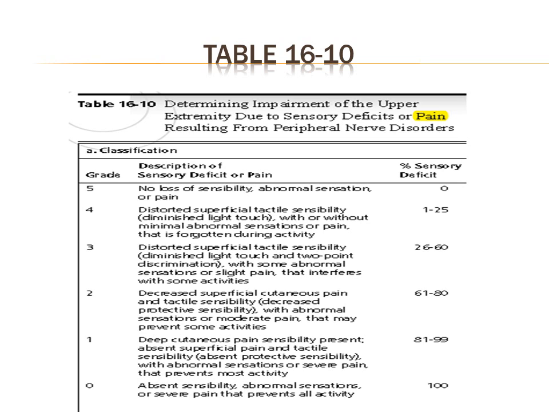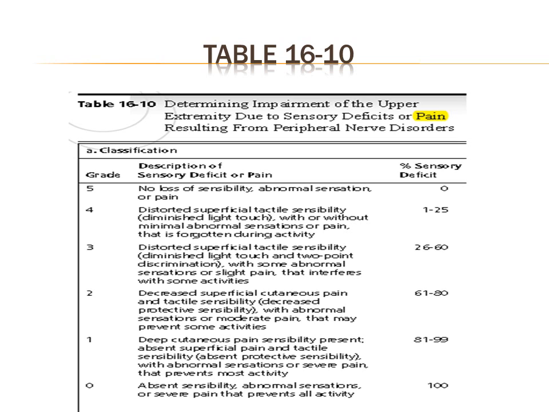So we have diminished light touch, we have some abnormal sensations, or slight pain that interferes with some activities. And again, this definition is consistent with the 1997 Permanent Disability Rating Schedule, wherein we described slight pain. And slight pain is pain that slightly interferes with the performance of some activities.